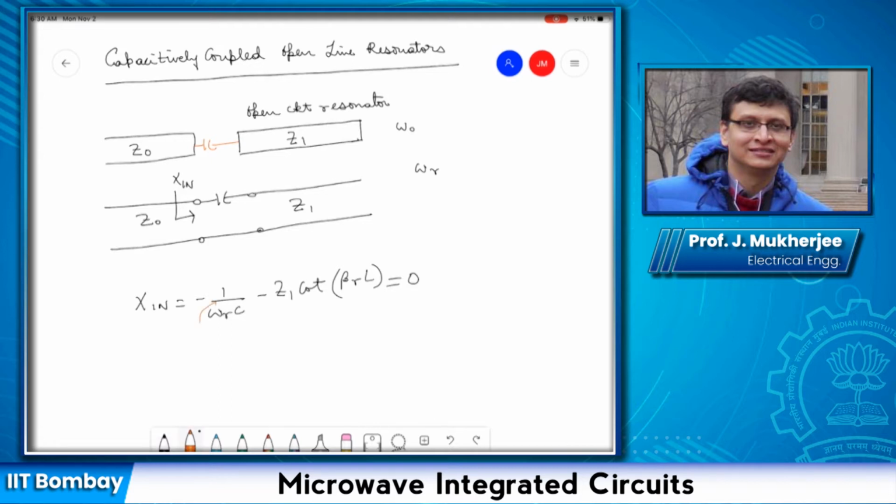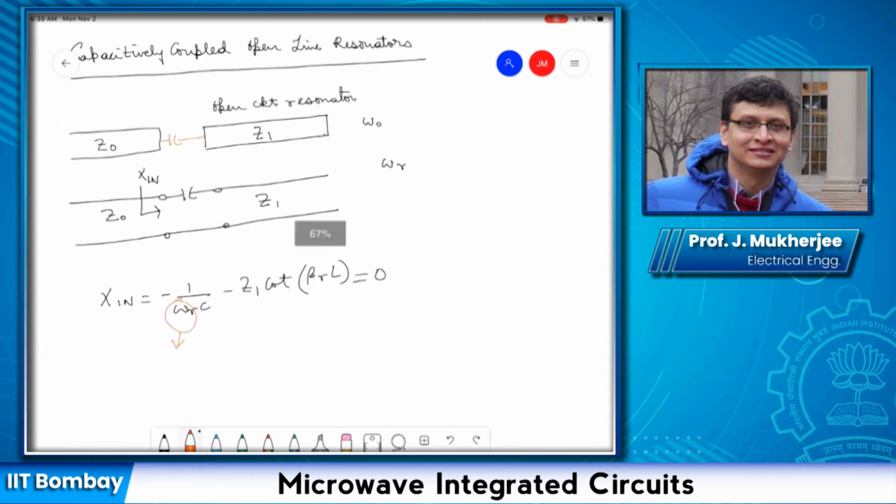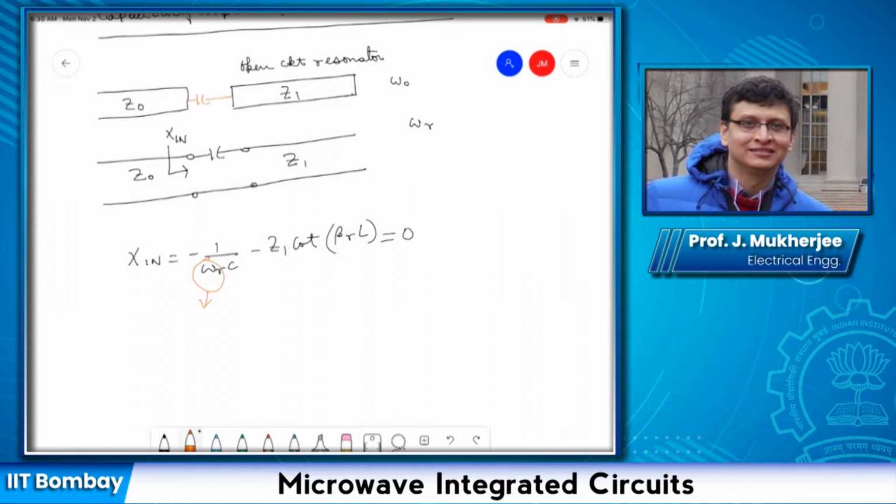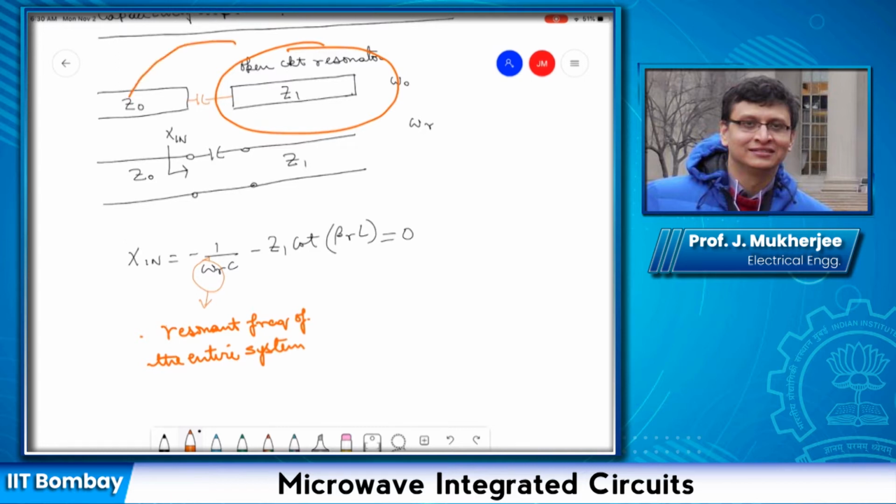Note that this omega r is the resonant frequency of the entire system, not of only this open circuit resonator, but of the complete system.